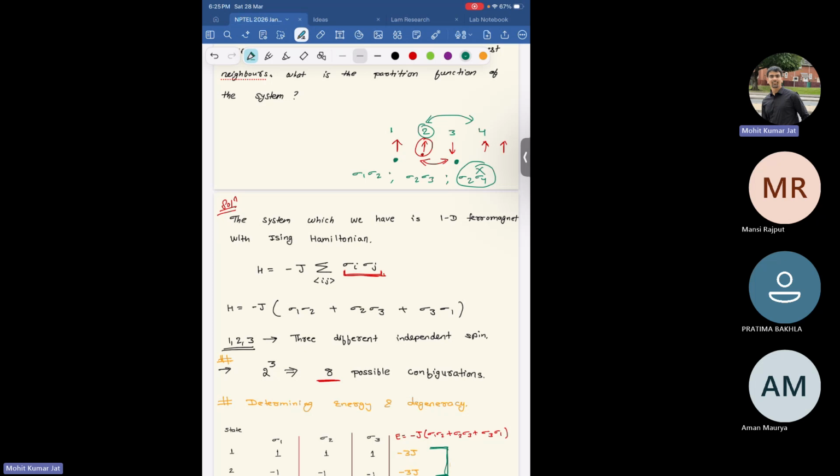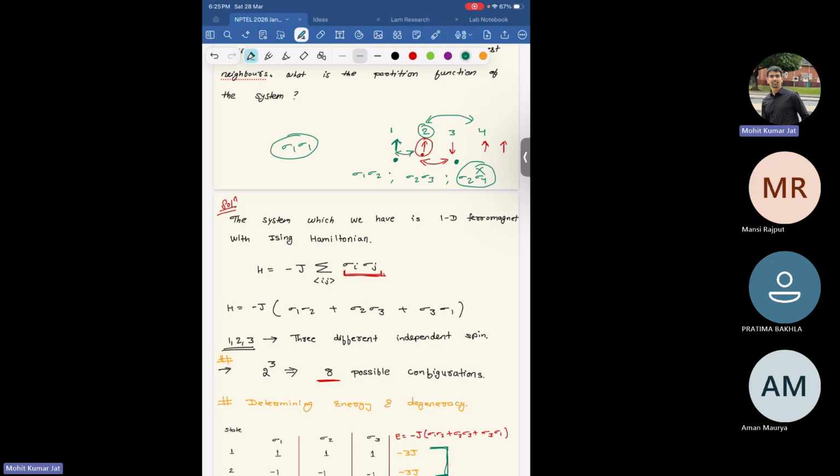For itself, the terms 1 1, 2 2 and 3 3 are taken as 0, because the spin won't have an interaction with itself, right? 1 1 is not allowed. The reason being, this state is not affected by itself. This state will be affected by its neighbor, right?